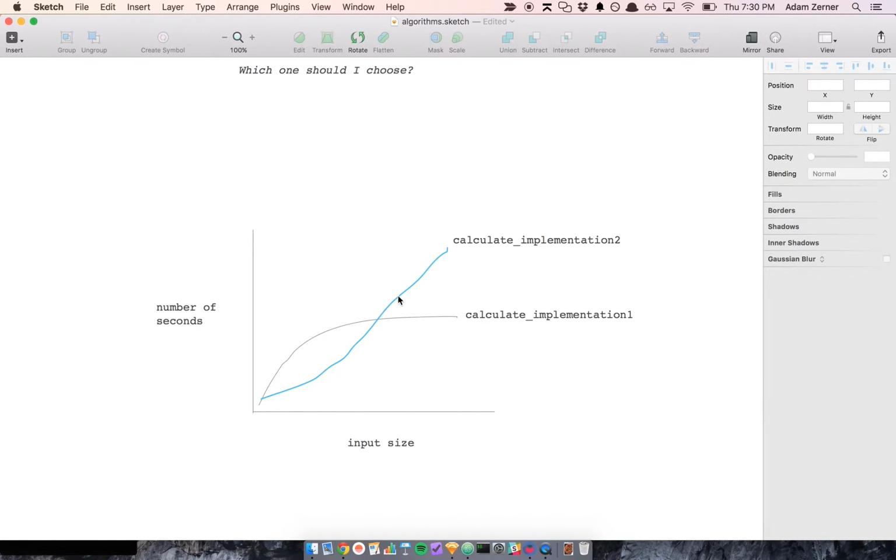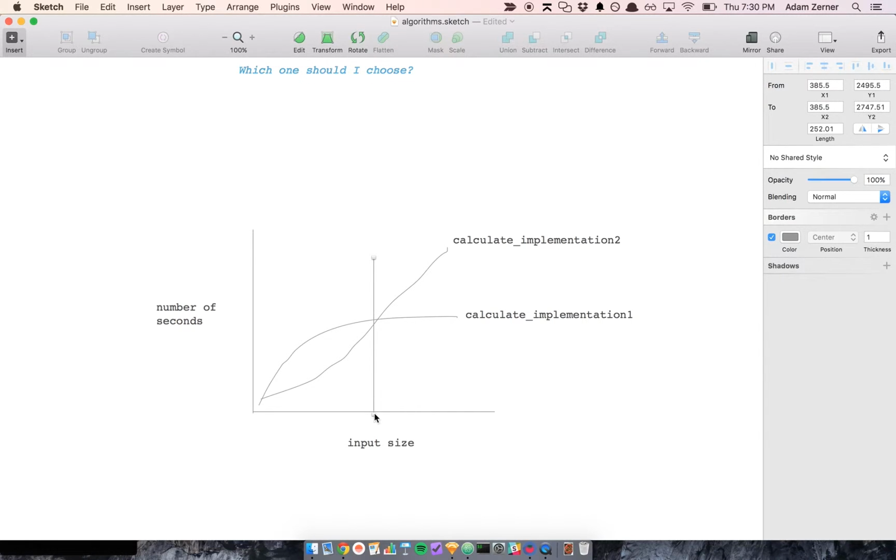Because implementation 2 is better than 1 for input sizes smaller than this right here. But implementation 1 is better for input sizes that are past this line here, to the right of it. So if the majority of input sizes are going to be less than this line, and that's what we really care about, we might want to choose implementation 2.